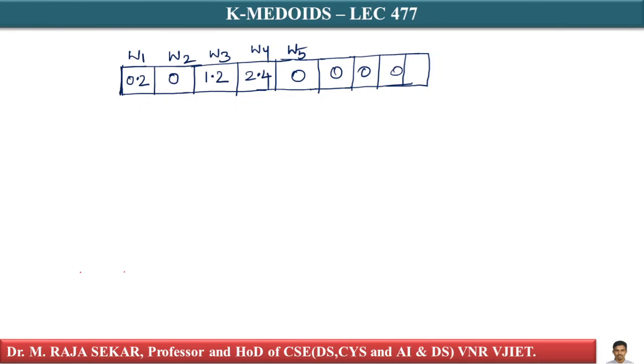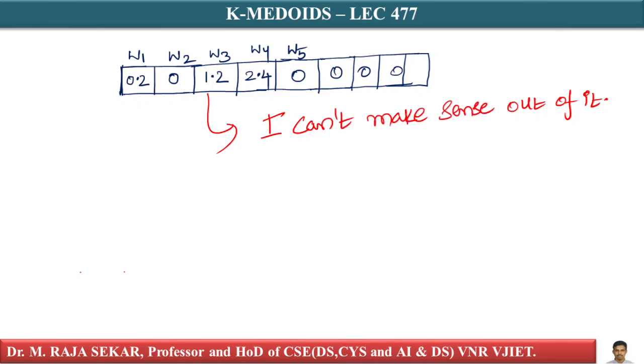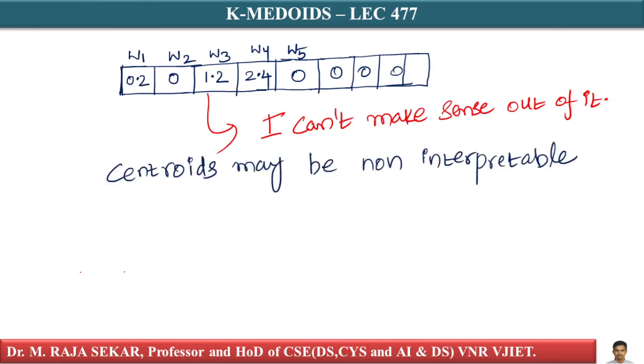So that is one of the drawbacks of k-means: your centroids may be non-interpretable, may not be interpretable.